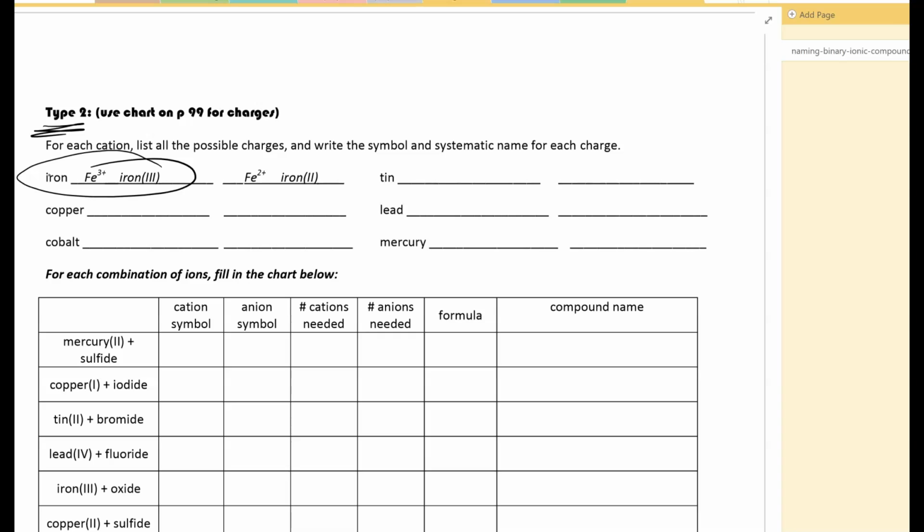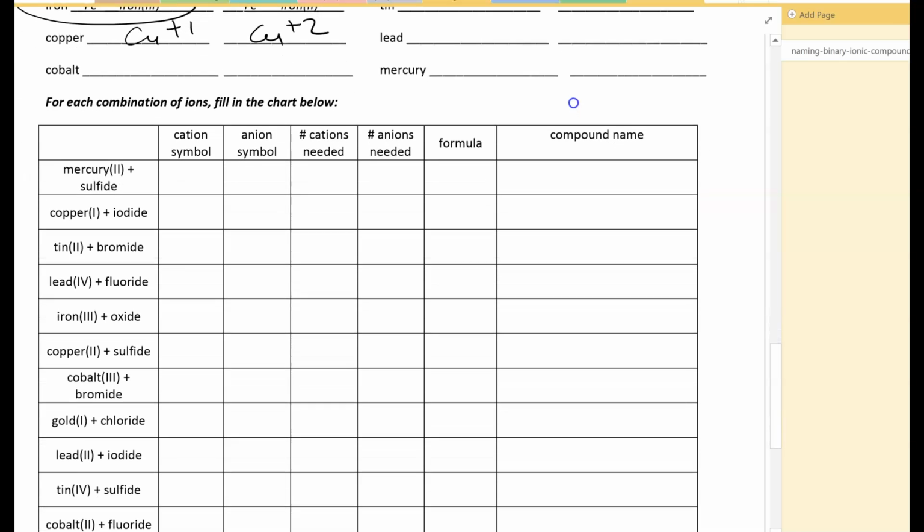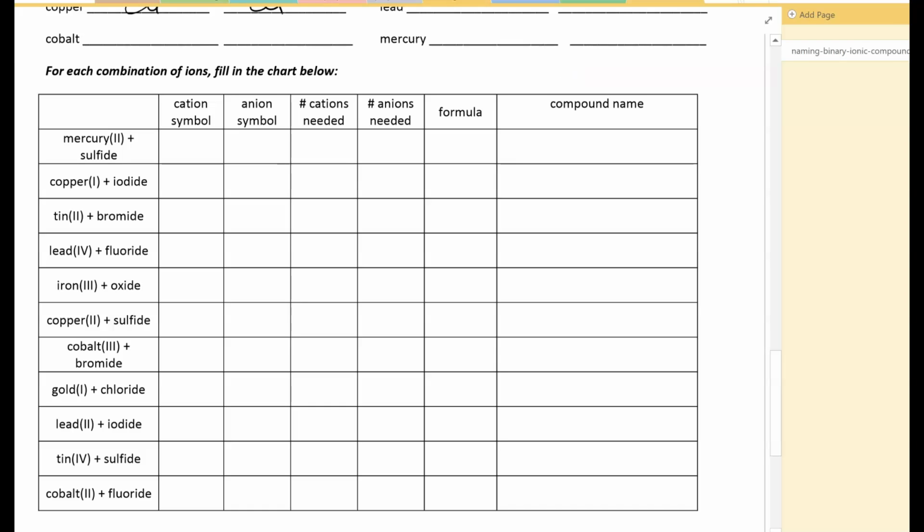So copper can be copper 1 or copper 2, and so on and so forth. So you don't need to know this part in terms of what it can become, like the tin and the lead and mercury, but we're going to do a few of these and then you can do the rest on your own. So mercury, when it says Roman numeral, that gives you the charge, so it makes it really easy.